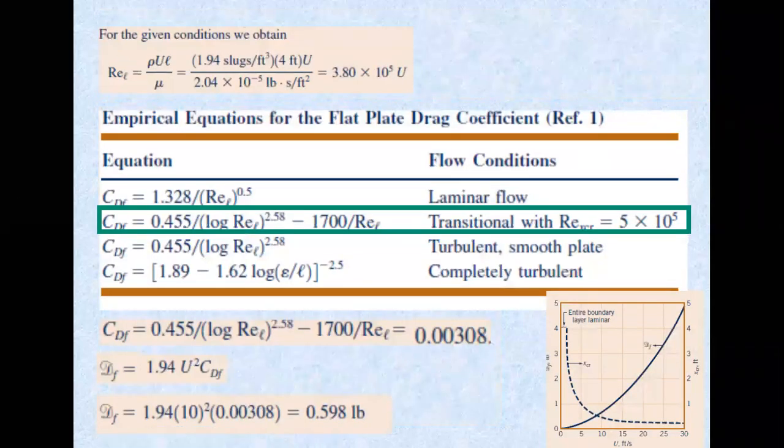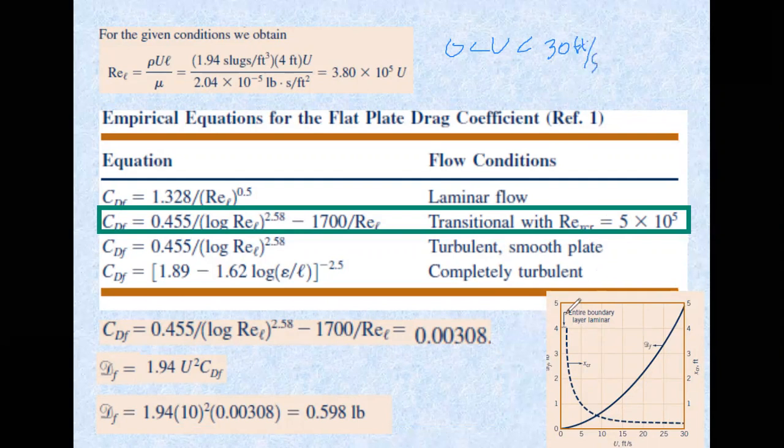Okay, so once we have that, we need to determine whether the flow is laminar, where the critical one is, where the turbulent one is over here. The velocity is from 0 to 30 feet per second, right? That's what the problem said. So you have to include each of them. Let's assume that the velocity is, for example, 30 feet per second.